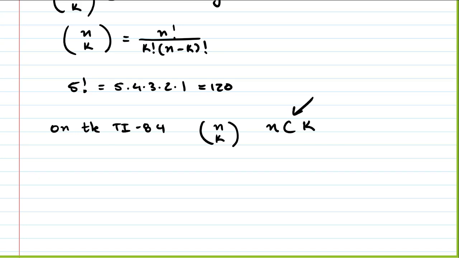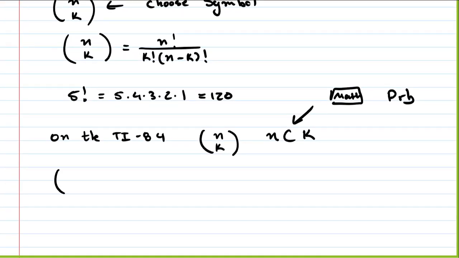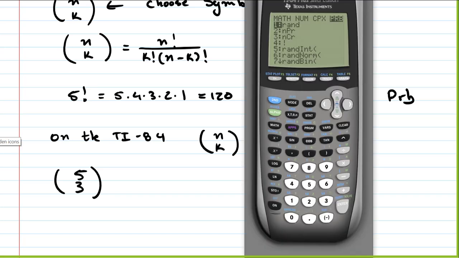But it doesn't really matter, because those are just placeholders for numbers. This is under math, and then we go all the way over to probability. So let's calculate, say, 5 choose 3. You have to put the 5 in first. So you go 5, math, all the way over to probability, choice number 3, and then 3.